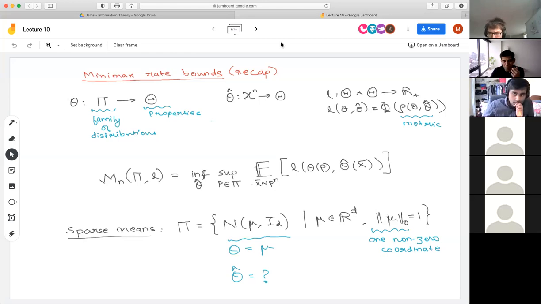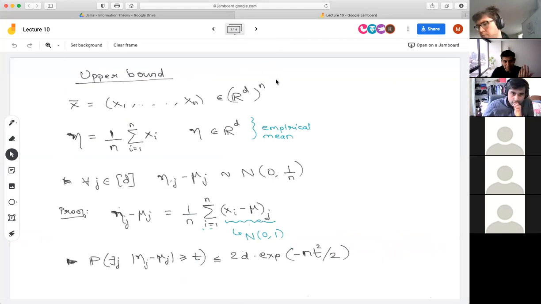Okay, so let's first see what we can compute just based on samples. Of course, we can compute the empirical mean or just the average, which is what we did last time. And let me call it eta.